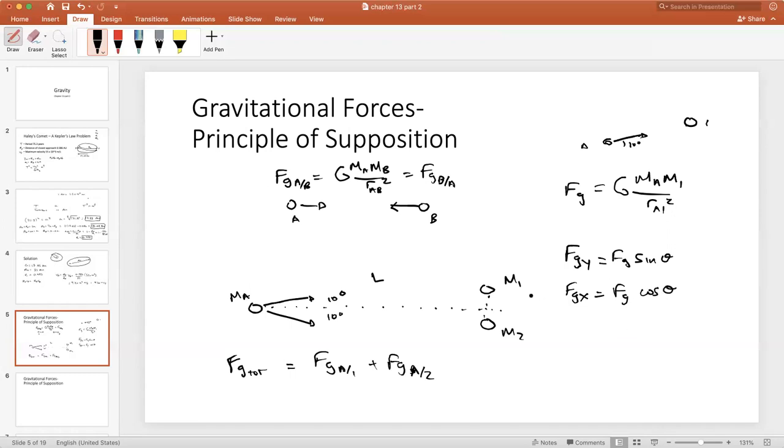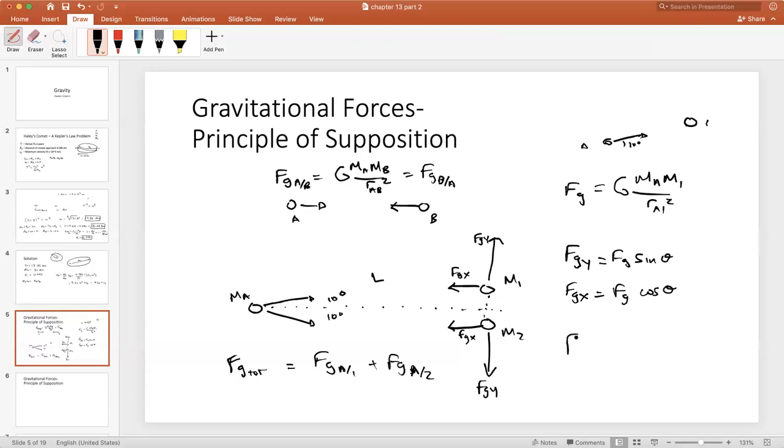But look what happens when I add the forces in the X. So the forces in the X, this is FG in the X. This one also has FG in the X. If I add the ones in the Y, they completely cancel as long as M1 and M2 are equal and at the same angle away. That's really important.